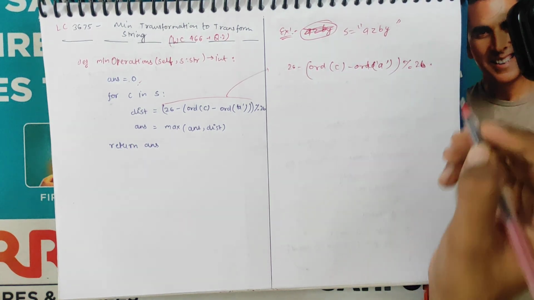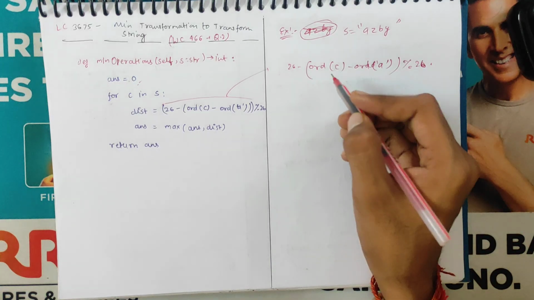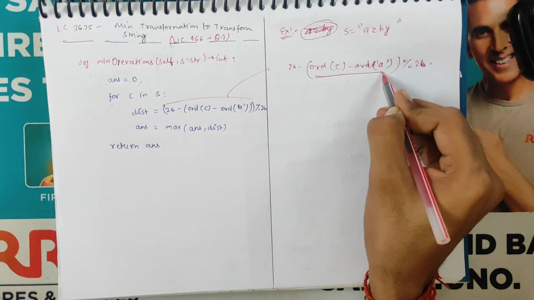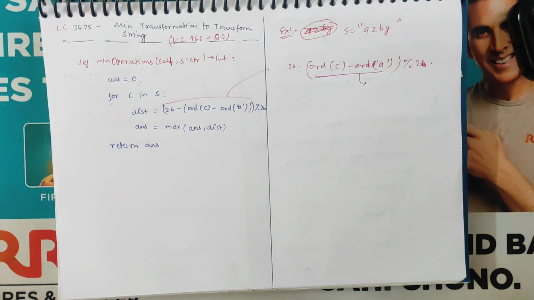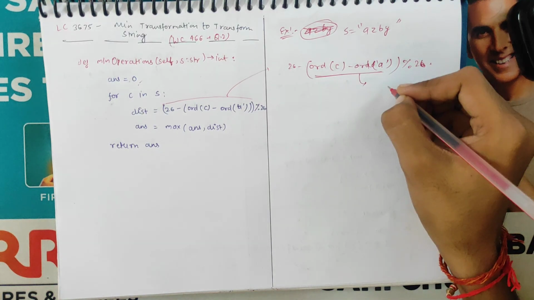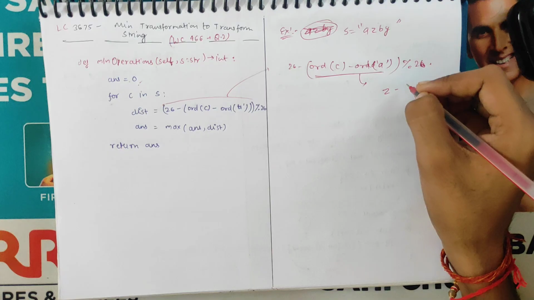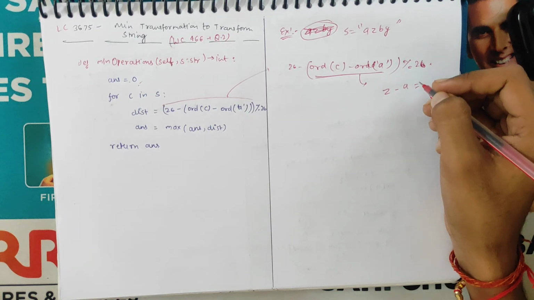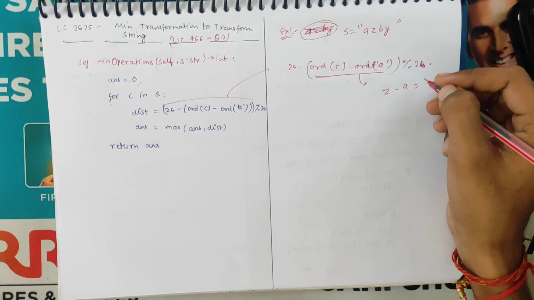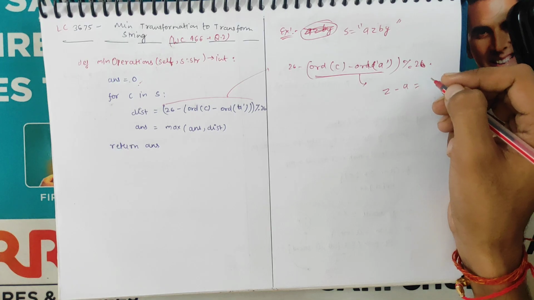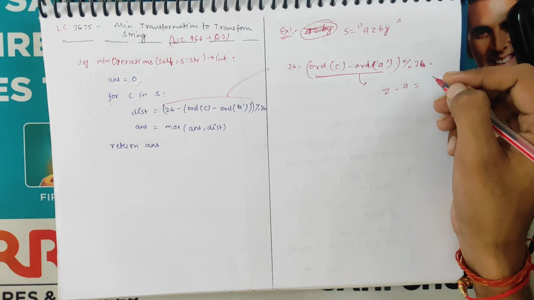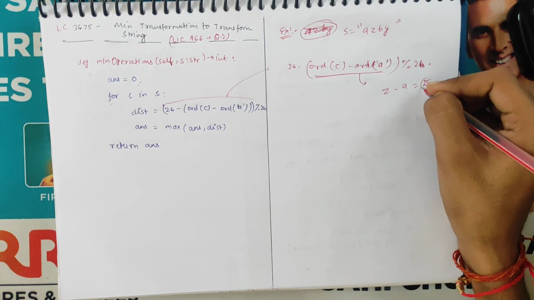What does it mean? Basically this part is the distance of every single character from the alphabet a. Like if it is z, then z minus a is 25.